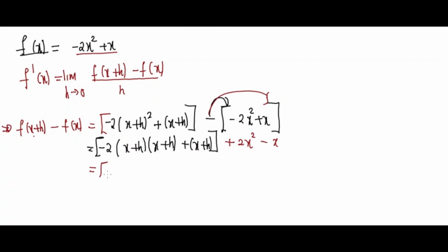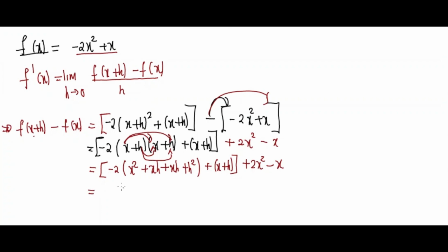So let's simplify the brackets here. Again, we see that we have brackets which are multiplying each other. So x times x is x squared, and x times h is xh, and h times x is xh, and h times h is h squared, plus x plus h, plus 2x squared minus x.